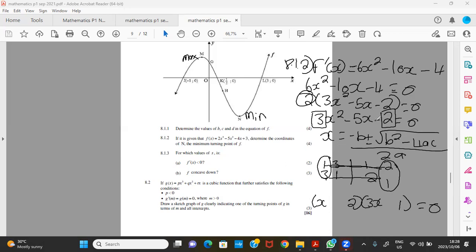I have a negative sign here, so they are going to be different: a plus here and a minus in the other one. This is a negative, so my bigger number will have the negative. So I have 2 times 3x, that's 6x.